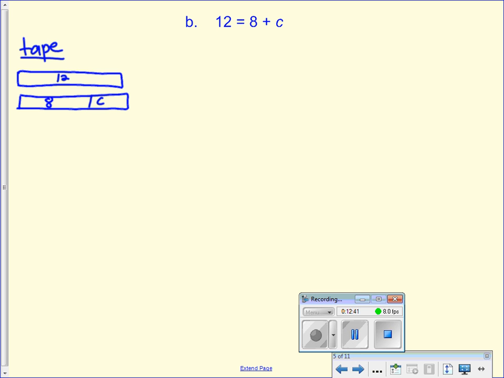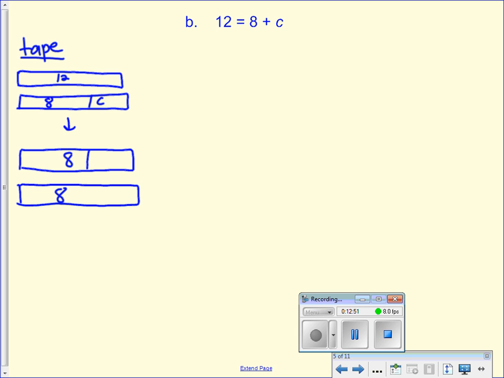Now let's redraw it, but instead of making 12 a whole number 12, I'm going to draw it so it matches the other one. So what is that going to be so that it equals 12? 8 plus what is going to equal 12? 4.